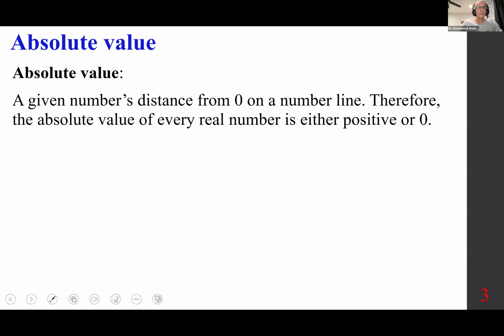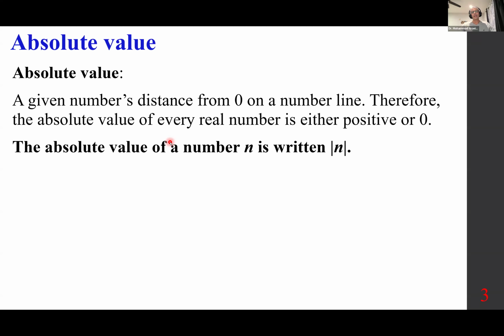Absolute value. A given number's distance from 0 on a number line, by definition, distance from 0. Therefore, the absolute value of every real number is either positive or 0. The absolute value of a number n is written as absolute value of n.